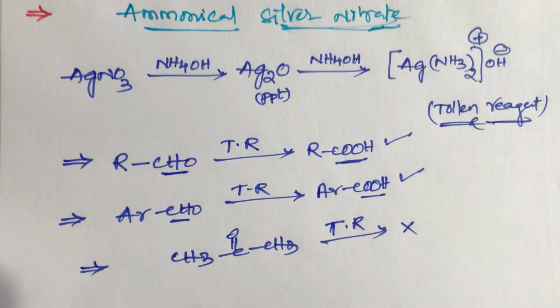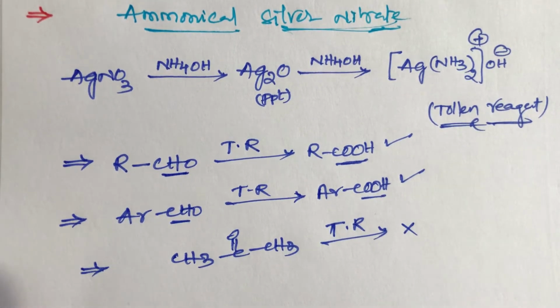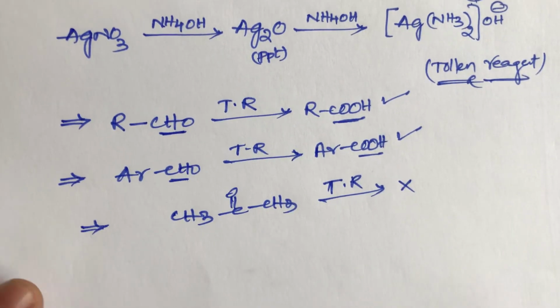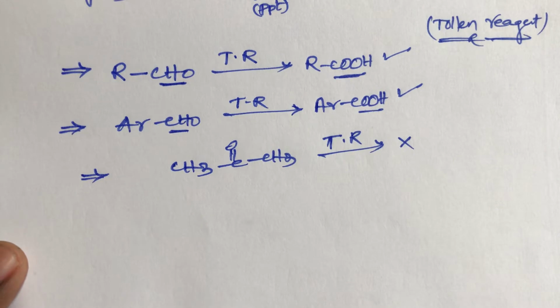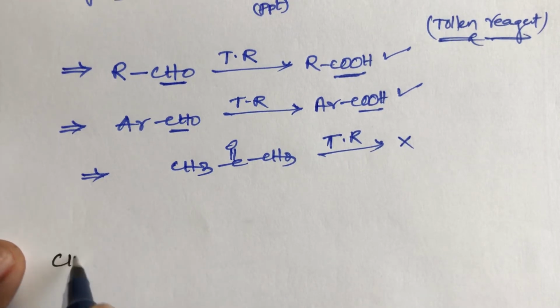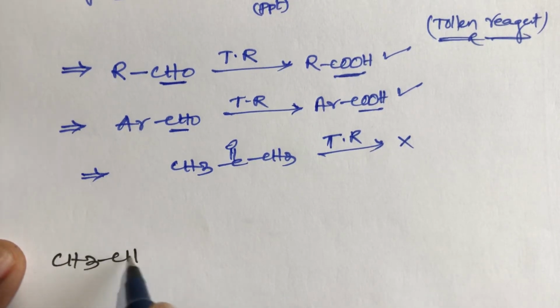Students, this is very important. I will give the chemical reaction for the Tollens test, students. For example, take acetaldehyde, CH3CHO.